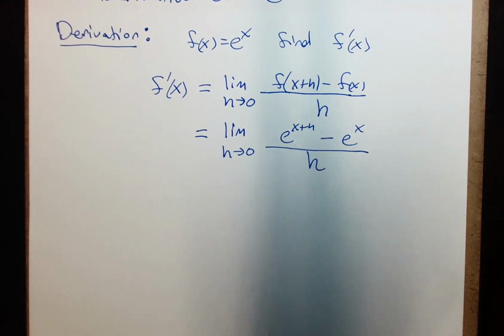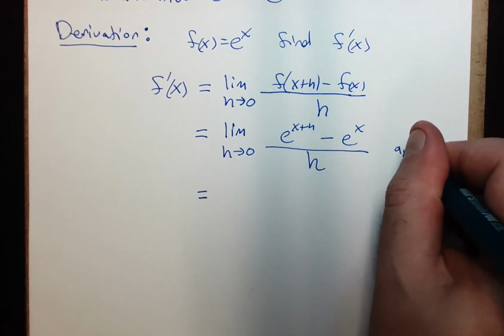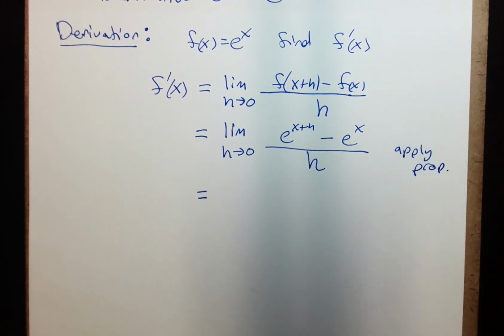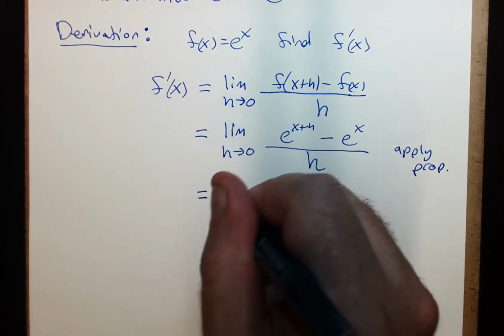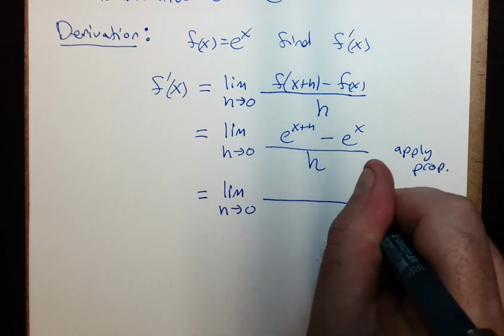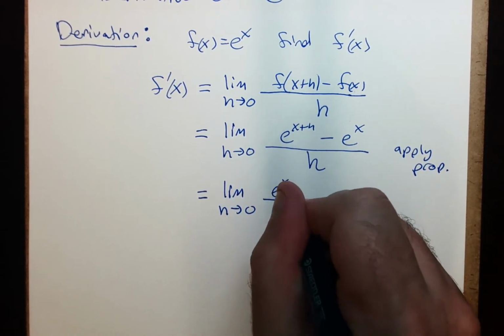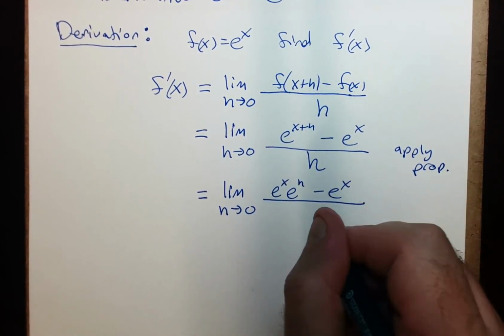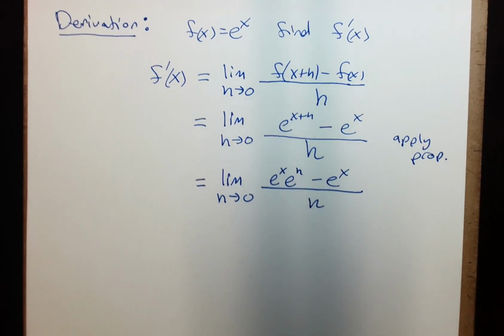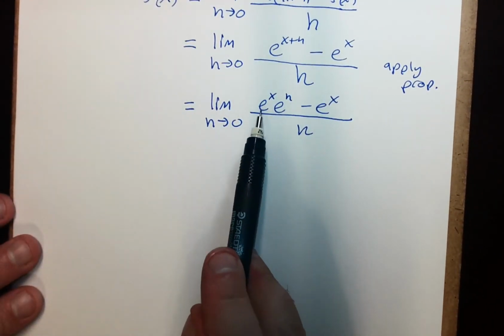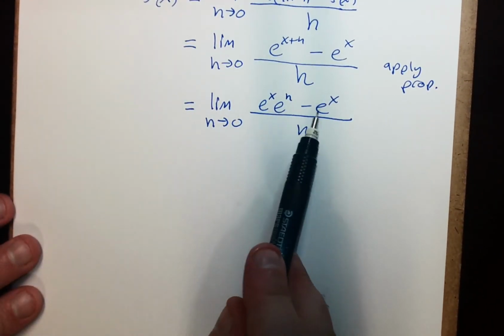And that's what we want to do here, because we have e to the x plus h. That should be e to the x times e to the h. So you just apply a property of exponentials. I'm not going to write that, but that's what it is. And you can rewrite this as e to the x times e to the h, minus e to the x, over h.